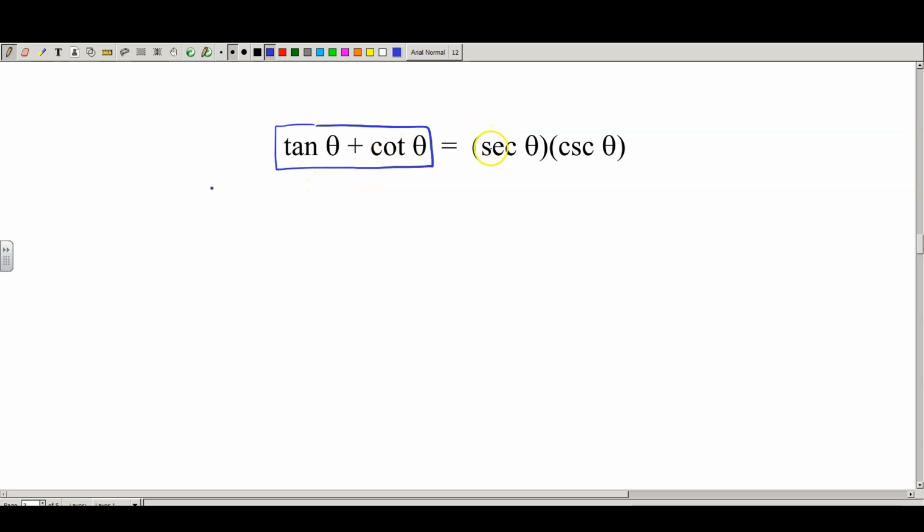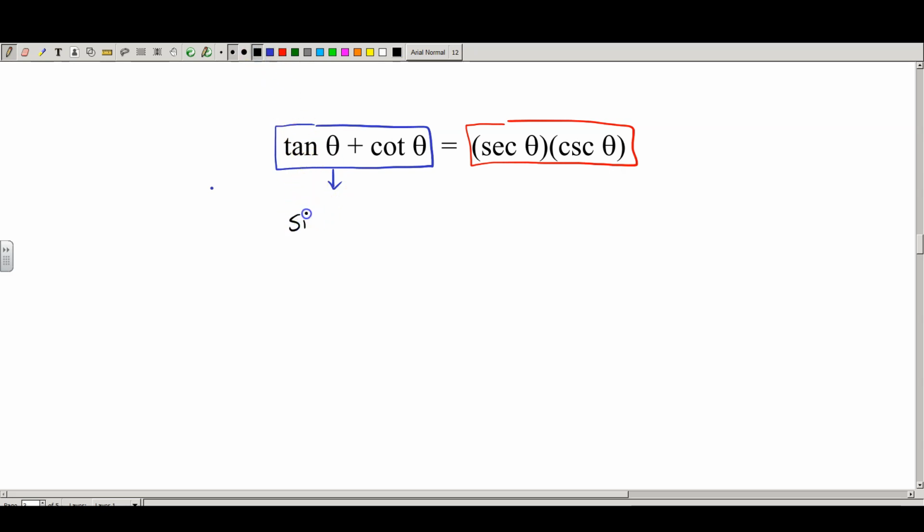Also looking at the right-hand side and noticing, well, I could change secant and cosecant as well, right? So I'm going to start just by taking the left-hand side and trying to add those together. Before I add them together, I would need to change it to sine and cosine.